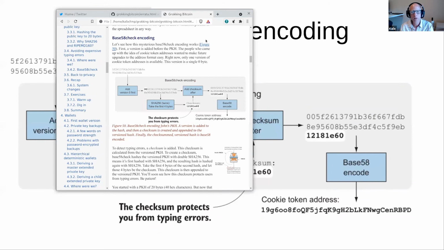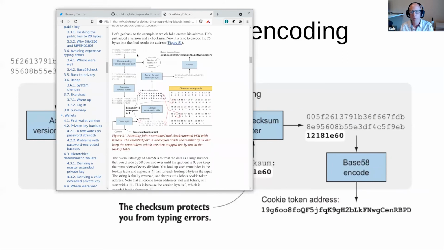This is how you go from a versioned and checksummed public key hash to the end result, which is the cookie token address here. And this is exactly how it works in Bitcoin too. So I encourage you to read this and try to understand it. And if you do, there are some extra exercises for you later. But this is fun to follow. So I recommend it, but you don't necessarily have to.